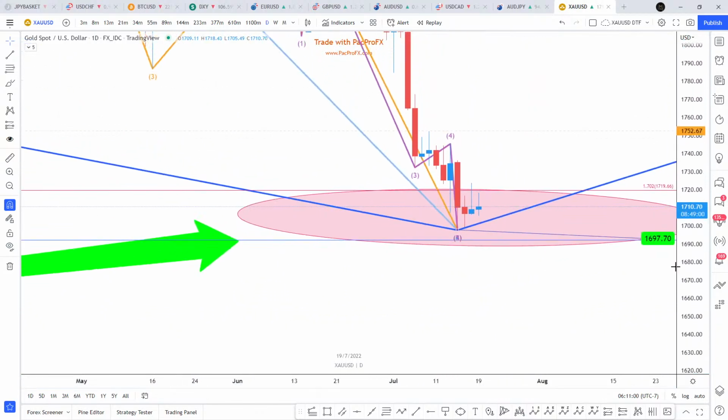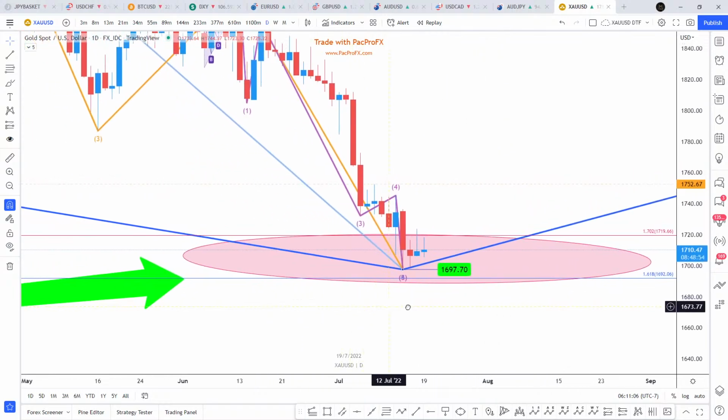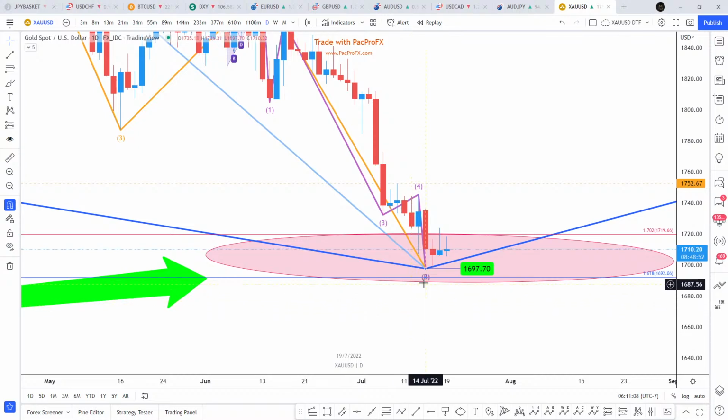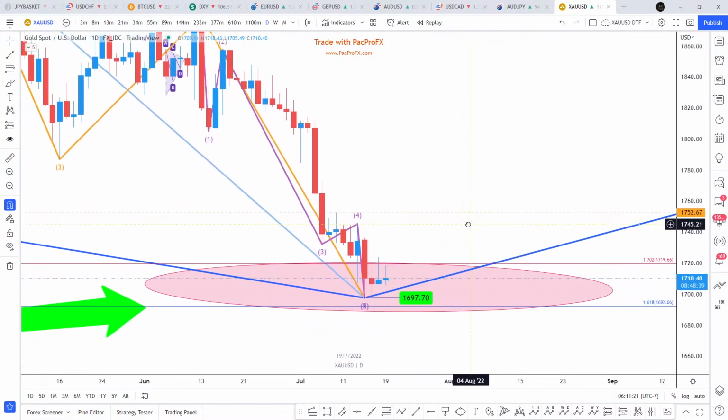Let's see if we reach 1697 instead of 1693. Not too bad. $4 off. Alright, let's see. This really does look like a small pullback, so this may be just wave 3. We still may be headed for a wave 4 and 5 here.